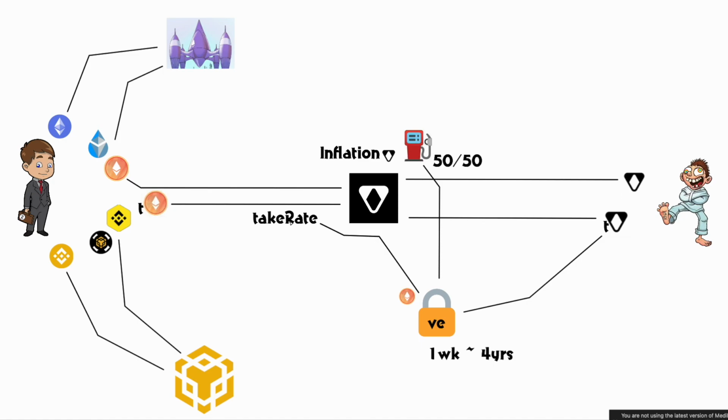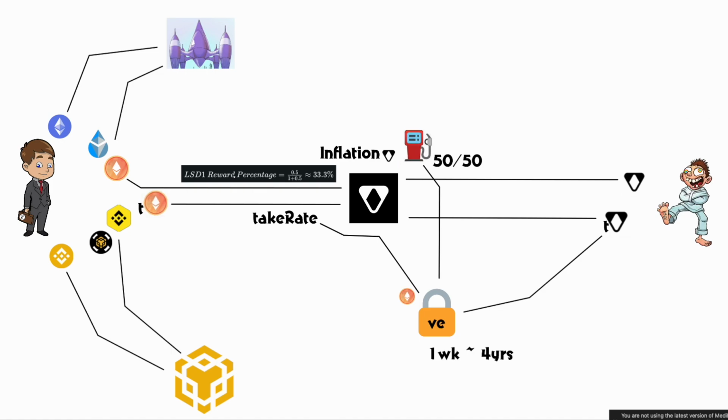And I believe that the governance can also change this take rate. And that would be some amount of the rewards from the original source, the Beacon Chain, for example, is taken and given to the VE lockers. So of course they're going to want to keep it small so that people are encouraged to use it, but they also want to incentivize these people to lock this TENET up, right?